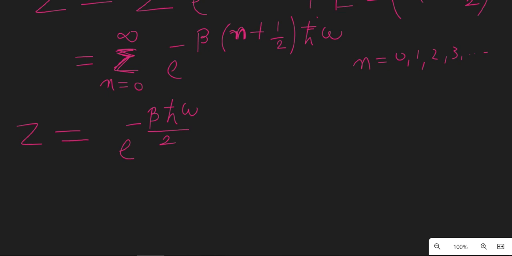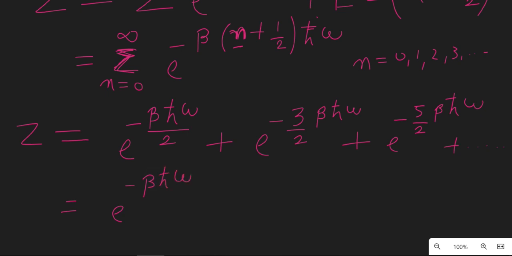So first of all I have put n = 0, then I put n = 1. So I will get e raised to minus, if I put 1 here then it will be 3/2, minus 3/2 beta h-cut omega. Now I put 2, so I will get e raised to minus 5/2 beta h-cut omega, and so on and so forth. Now I take e raised to minus beta h-cut omega upon 2 common.